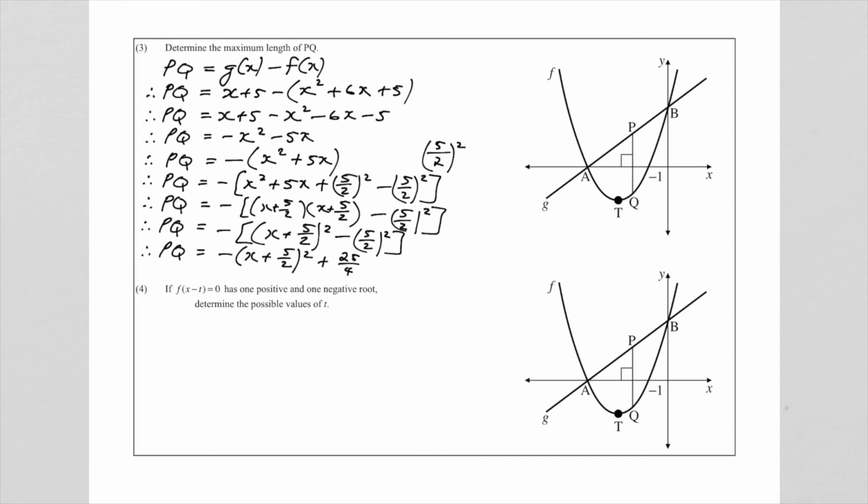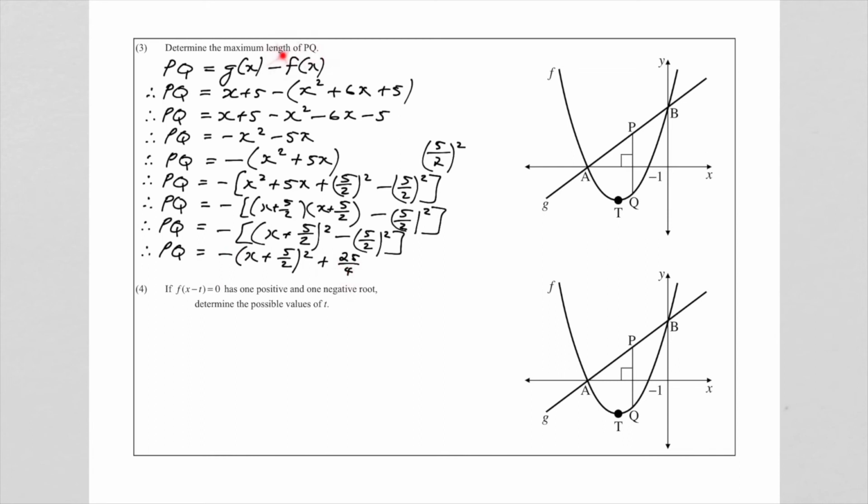So as you can see now, we completed the square plus this. Now from functions, you will remember whenever the parabola is in this form, we call it the a(x plus p) squared plus q form, that is the axis of symmetry of the parabola, and that gives us the turning point. That means the maximum or a minimum. In this case, it's a sad face, so that will be a maximum.